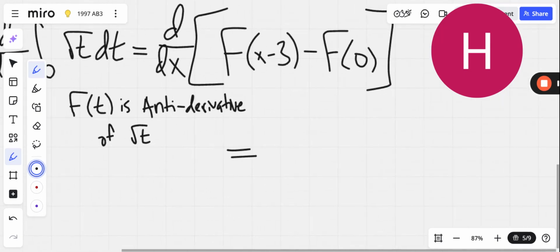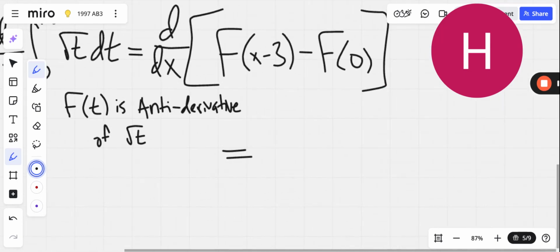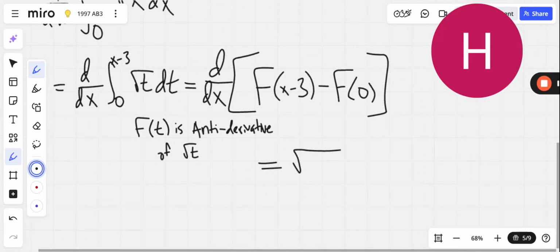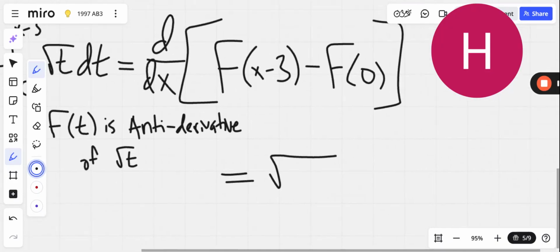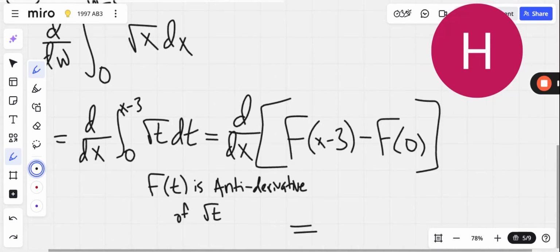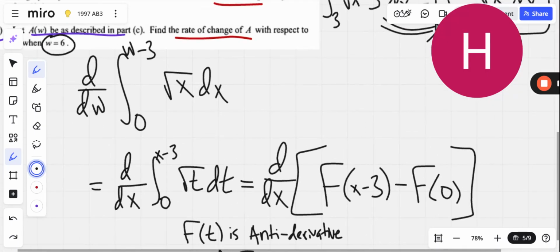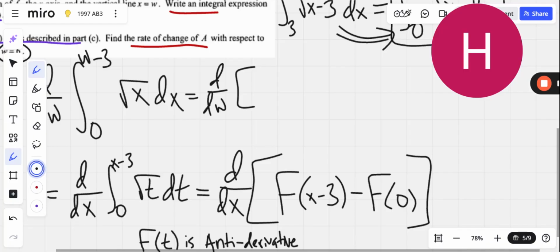We want to take a derivative now, so this is going to go back to square root of, well, now it's w minus 3, I guess. Let's get that right, because we are really taking the derivative of this. So this is going to be the derivative with respect to w of F of w minus 3 minus F of 0.